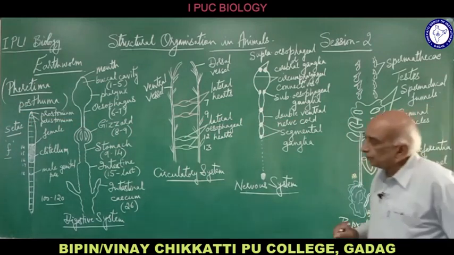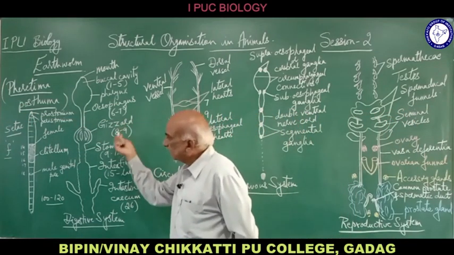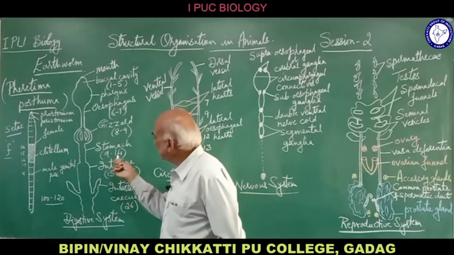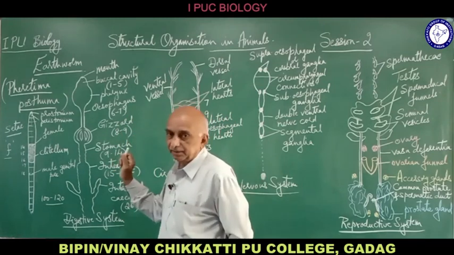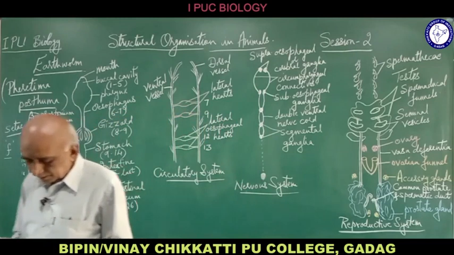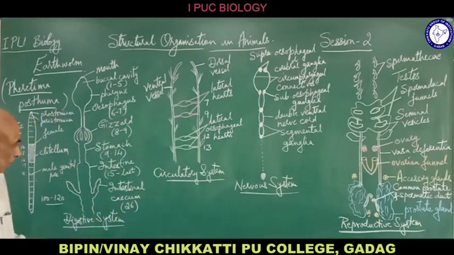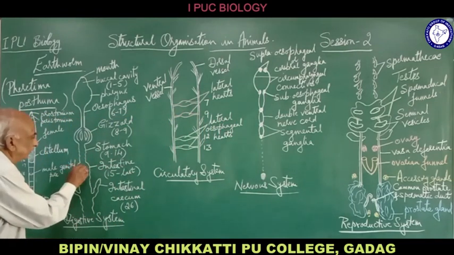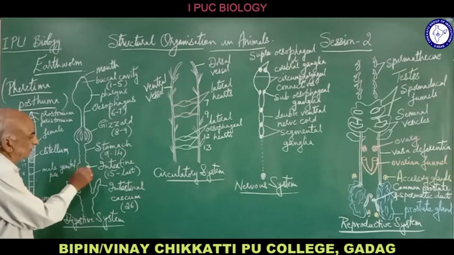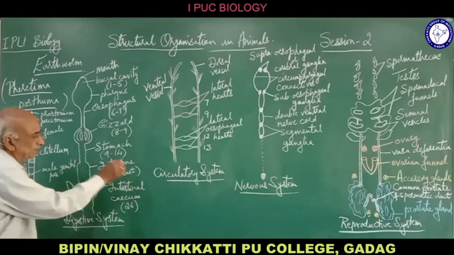The humic acid which is present in the decaying matter is neutralized into the humus of that material, and then the stomach continues into the intestine from the 15th segment till the last segment.